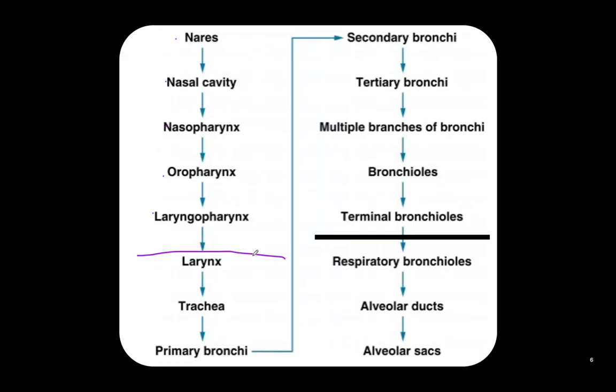So essentially, it's just the nose and the pharynx, but there are some specific parts of those structures that we have to kind of break down. And then everything after the pharynx, the larynx, trachea, all the bronchi, bronchioles, even the alveolar sacs are considered lower respiratory system.